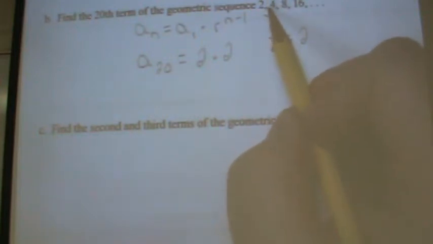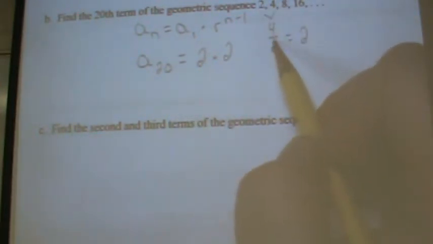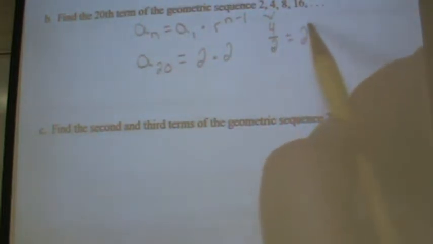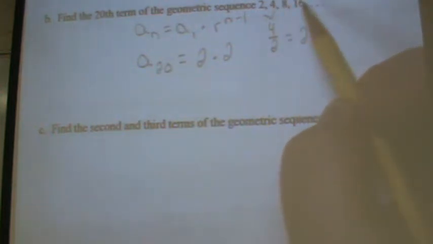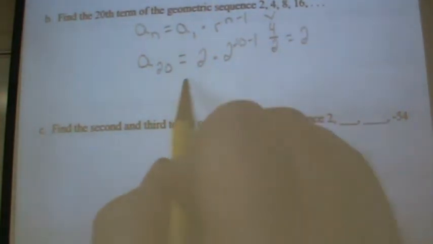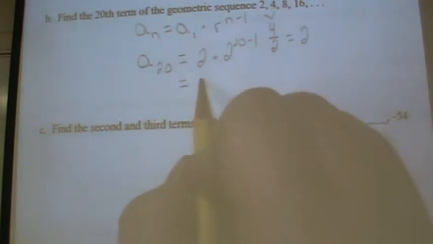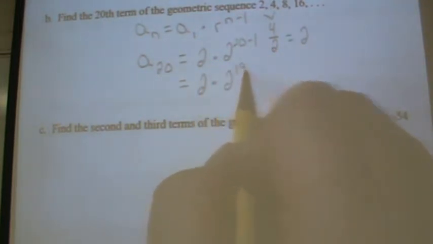You're taking the second term and dividing by the first term to get our ratio, which is 2 in this case. But you could take any 2 consecutive terms and you should get 2. So then what's our n minus 1? 20 minus 1. So we have 2 times 2 to the 19th.